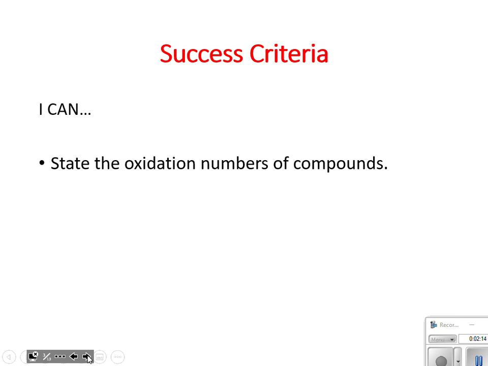That's how we've been using them. Ladies and gentlemen, we are going to expand that. We are going to use oxidation numbers to help us name binary molecular compounds using the IUPAC system.